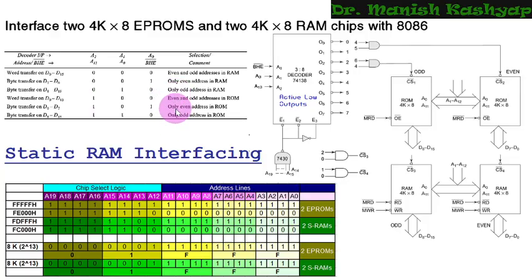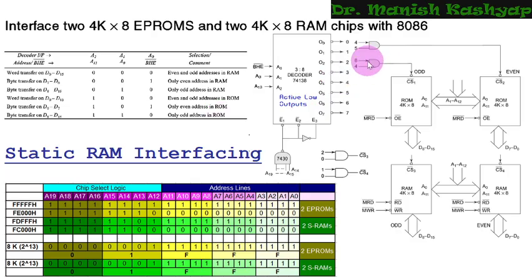So if these two outputs are ANDed, then only this chip will be activated. So 6 simply means only odd address in ROM, and 4 means even and odd address in ROM. So you are talking only about ROMs, and in one case you are talking about even and odd address, in another case you are talking about only odd address in ROM.